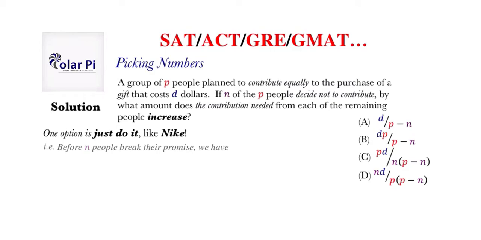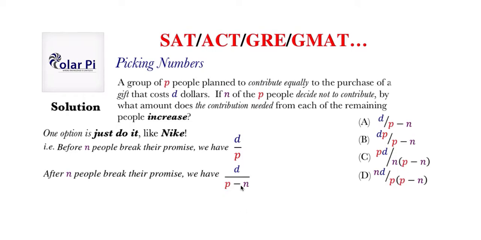Before the N people decide to break their promise, the contribution from each of the P people would have to be D divided by P, right? Then after the N people flake out, the contribution from each individual is going to have to be D divided by P minus N.